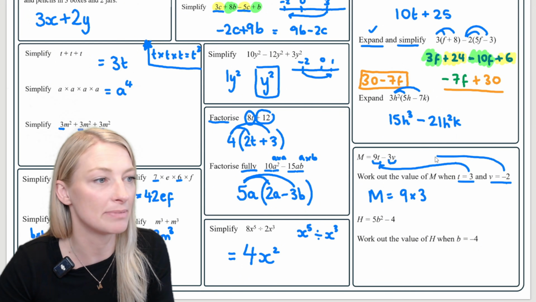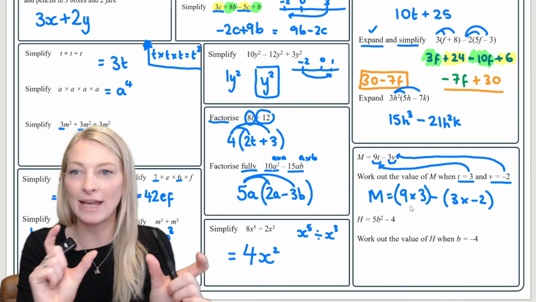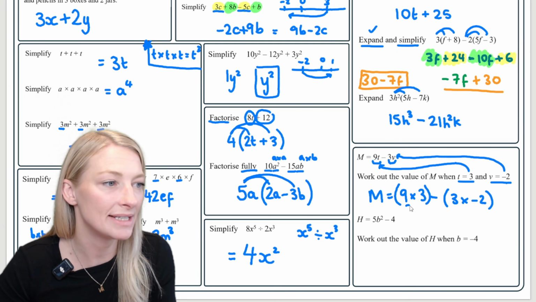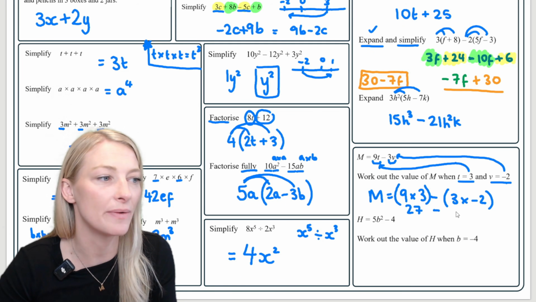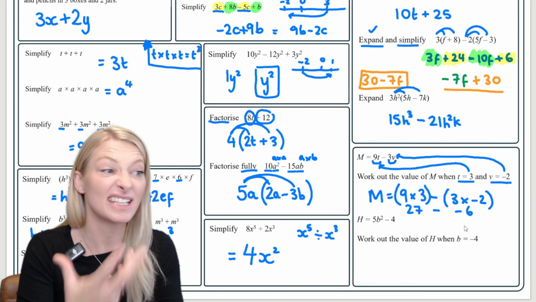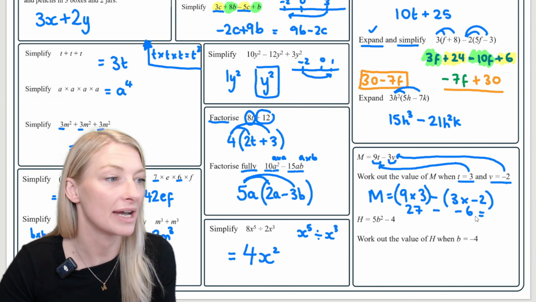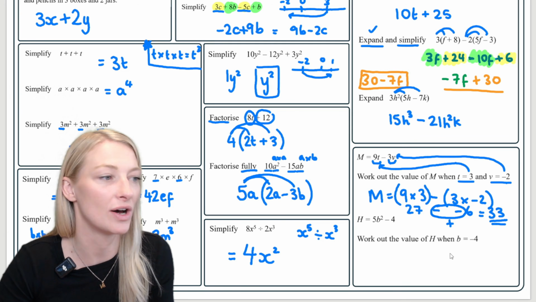And the v is becoming minus 2. So take away 3 lots of minus 2. And you might find it helpful to put them in brackets. So you're going to do the multiplication parts first. So 27, take away, and 3 lots of minus 2 is minus 6. Now, if you take away negative 6, it's the same as adding it on. So that is going to be 27, add 6, which is 33 as your answer there.